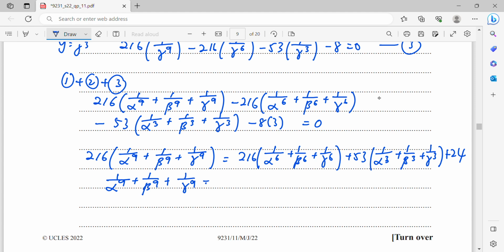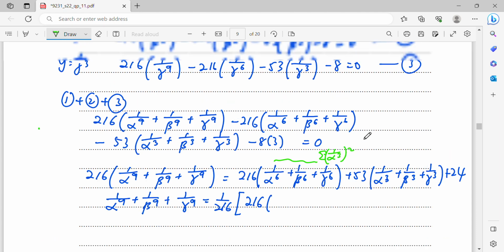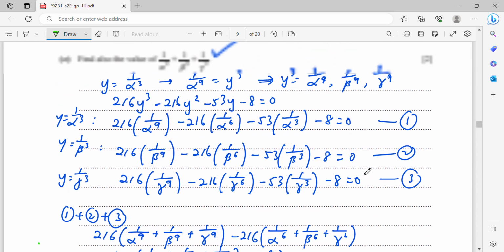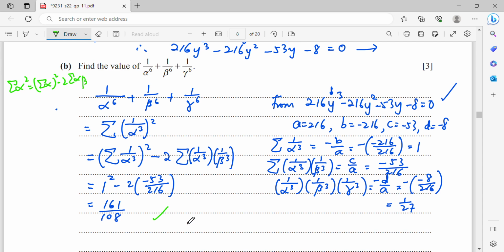At last, the summation here is going to be 1 over 216 times this term, 1 over alpha 6 plus 1 over beta 6 plus 1 over gamma 6. This is basically the summation of 1 over alpha cube squared, which we have done just now. The previous answer is 161 over 108.